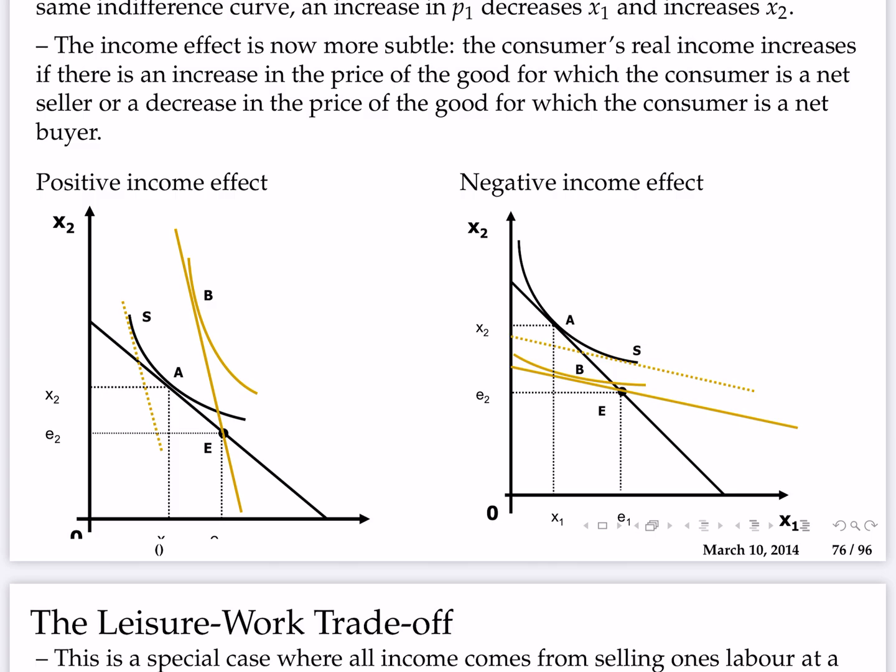For the first graph, this person was selling X, right? If you compare E and A, you can see that his initial endowment is larger than his consumption of X1, the first good. So he was selling the first good and buying the second good using that money. Now price has gone up. What happens?